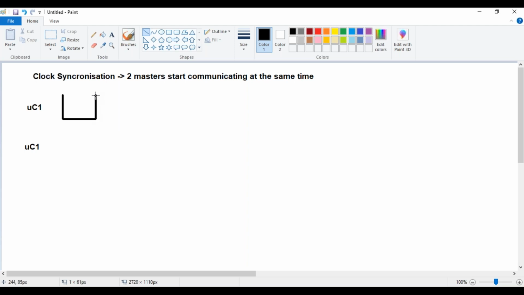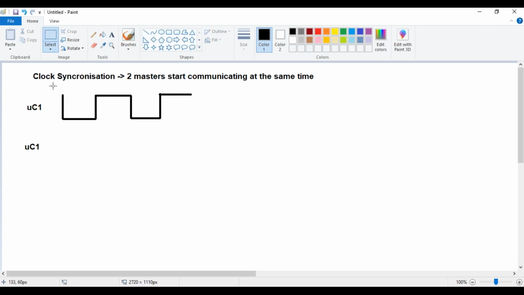So both the microcontrollers started generating the clock pulse at the same time and the same frequency. So what you end up seeing at the end of the clock pulses, let me complete drawing this. It's like this.